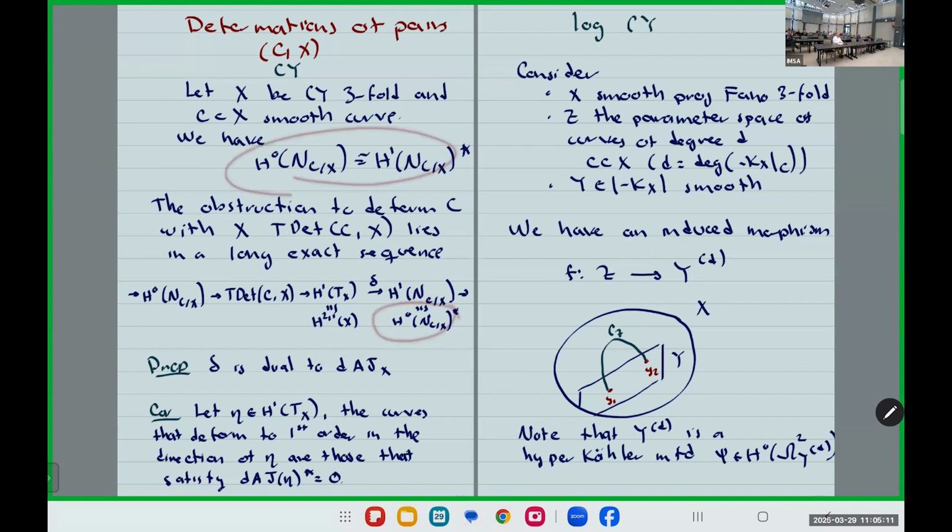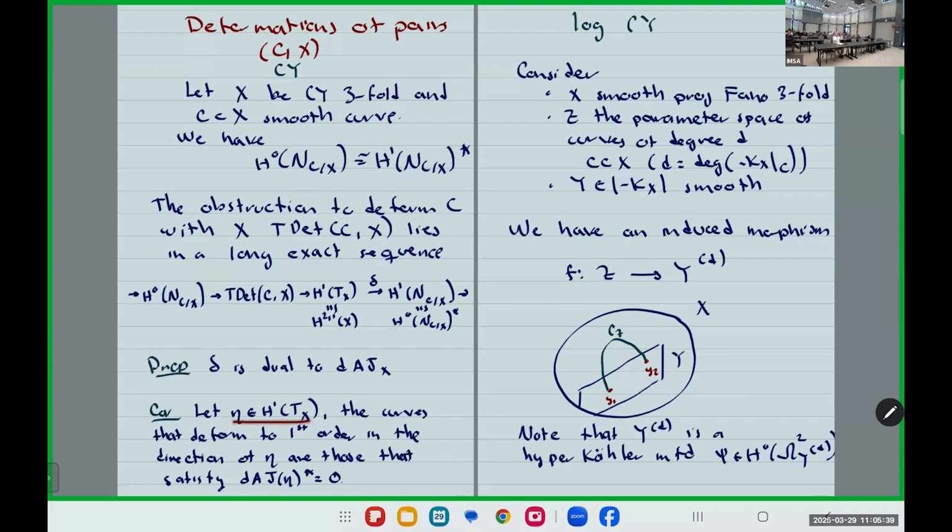And this one is going to be dual, as I wrote here, to this H0. So if you remember what I told you in the last page, this looks like the dual of Abel-Jacobi. And so a proposition: you can actually show that this delta is dual to the differential of Abel-Jacobi. So now the corollary is what I was saying.